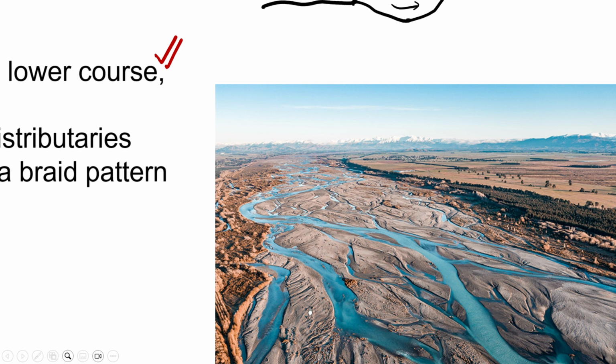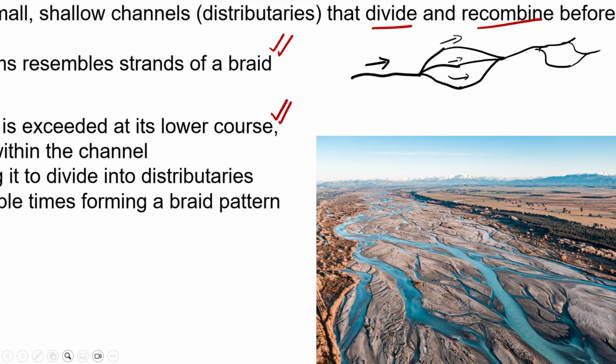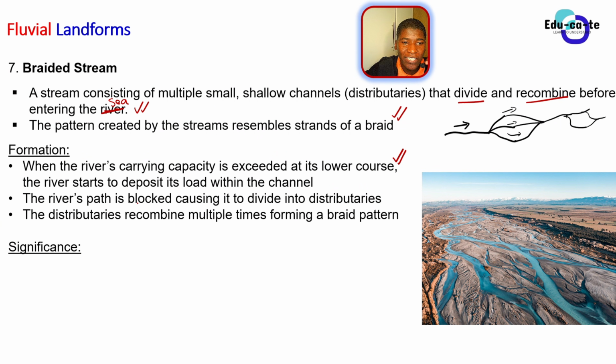This was one river, guys. But because it's moving slowly now, it starts depositing all its eroded material within the channel itself. And when that happens, the river's path is blocked, because you can see that the river cannot just flow easily here, since this deposited material, this load, this soil, is blocking the river's path.